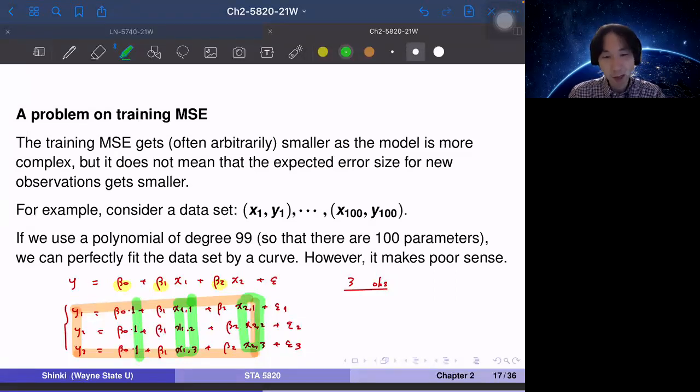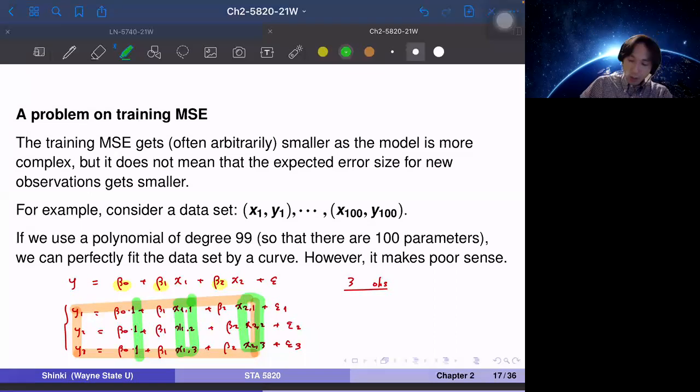Suppose y is the weight, x1 is the length of the shell, x2 is the diameter of the shell, and beta naught is a constant. Then if we have 3 observations, we can determine beta naught, beta 1, beta 2 without any training error. But that does not mean that in the future, the weight of the shell is entirely explained by the height and the diameter. Right?